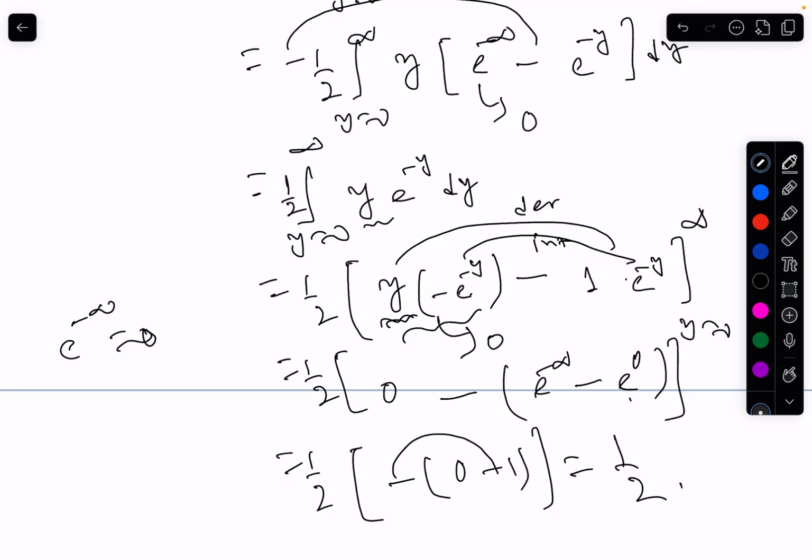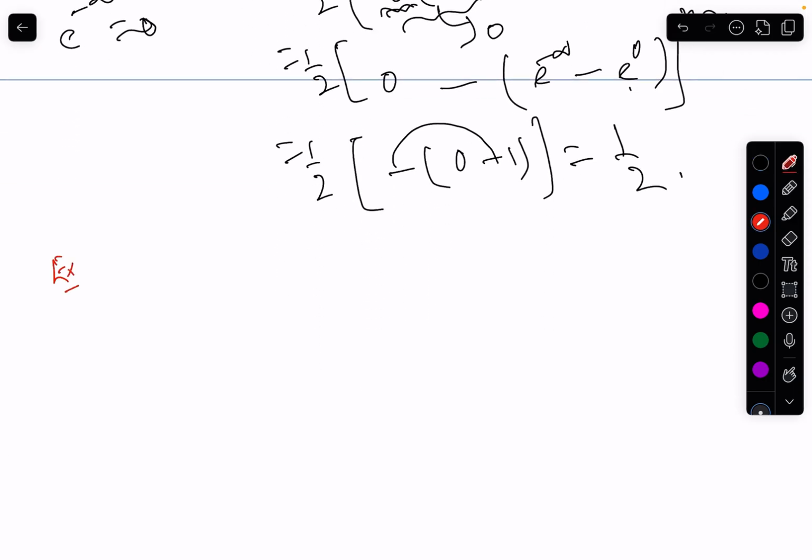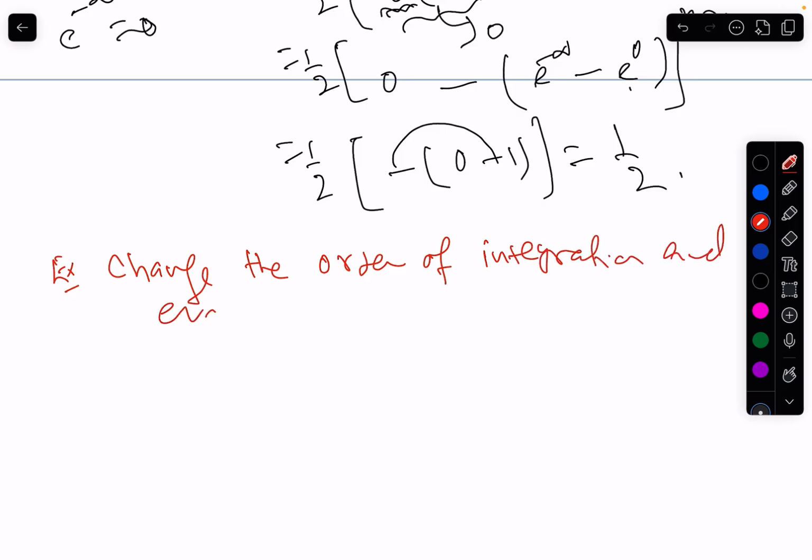We can take one more example. Change the order of integration and evaluate: the integral from 0 to infinity, integral from x to infinity, of e power minus y over y dy dx.